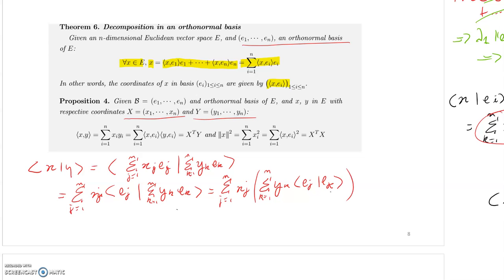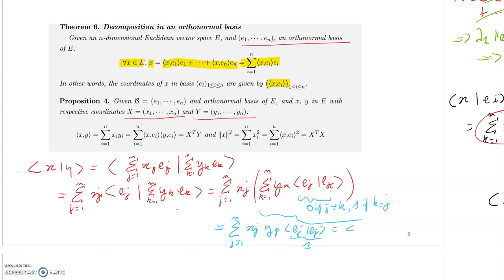Okay, so here I've used linearity on the second argument, and again, that's the same idea as before. This is going to be 0 if k is different from j, and 1 if k is equal to j. So that is selecting only the jth component. That's going to be yj times the inner product of ej with ej, which is now 1. So that's really the sum over j equal to 1 to n of xj yj.